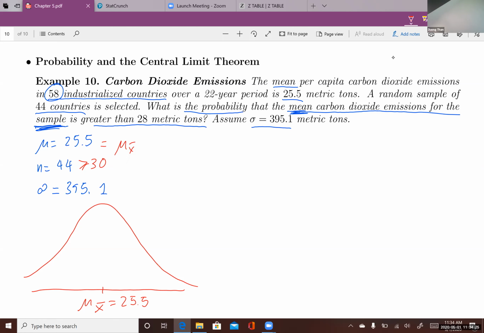Okay, and then we can figure the standard deviation of the sampling distribution by taking the standard deviation of the population divided by the square root of n, which is 395.1 divided by square root of 44. So sigma x bar equals 59.56.